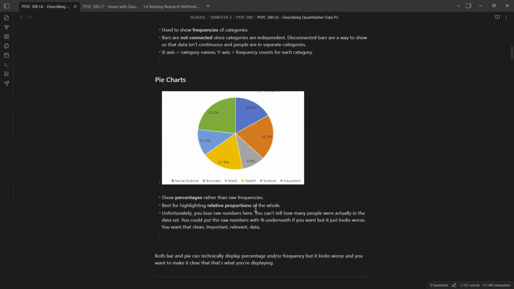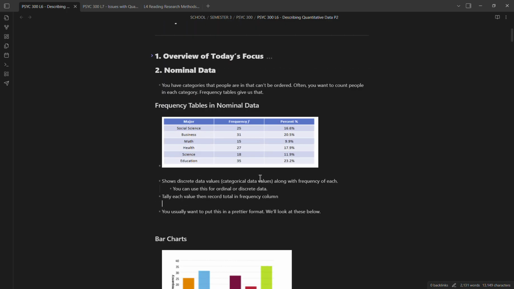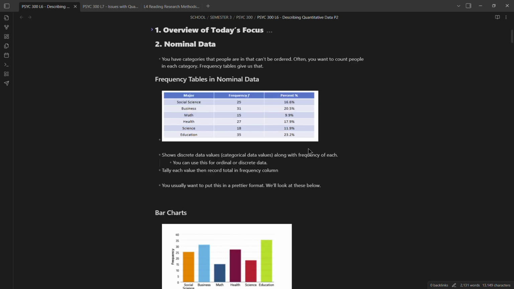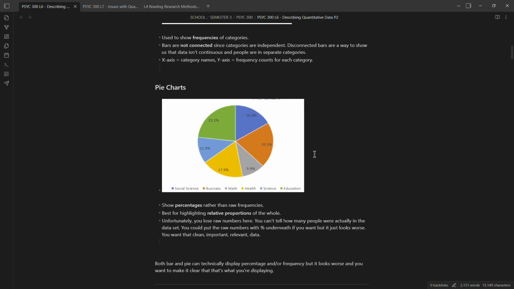We also have things like pie charts, right? If you look back here, we had our majors and we had our percentages. Like I mentioned, they're supposed to add up to 100. The pie charts are mapping out our majors with our percentages. They show percentages as opposed to raw frequency. Pie charts are the best for highlighting a relative proportion to the whole.